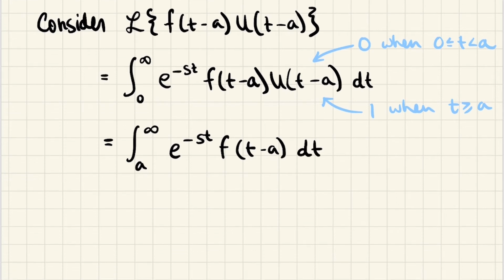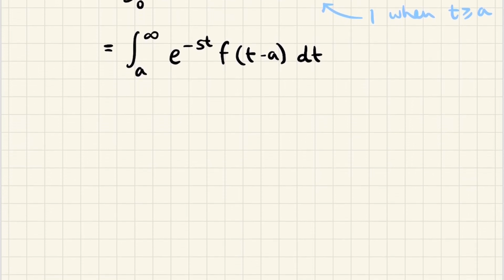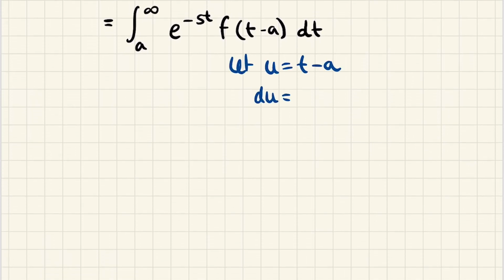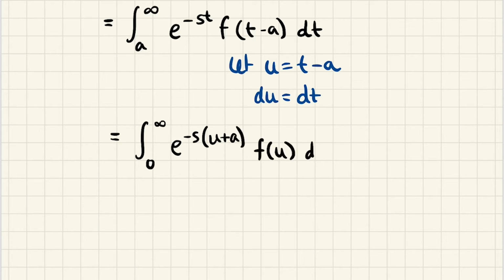Okay, so to evaluate this integral, we will do a quick u substitution. Updating our bounds, when t is equal to a, u will equal 0, and if we shift infinity a units, we'll still get infinity. And now we have e to the negative s times t, which is u plus a, times f of u du.